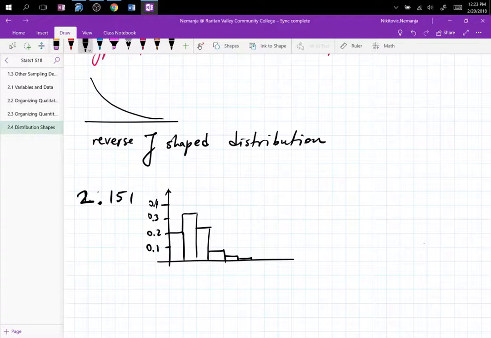Now it eventually picks up and then dies out again.